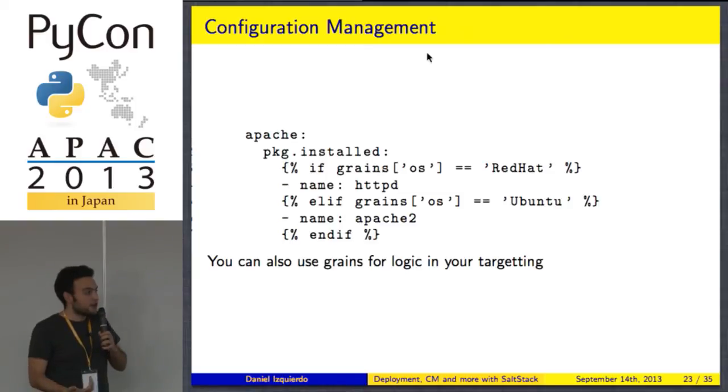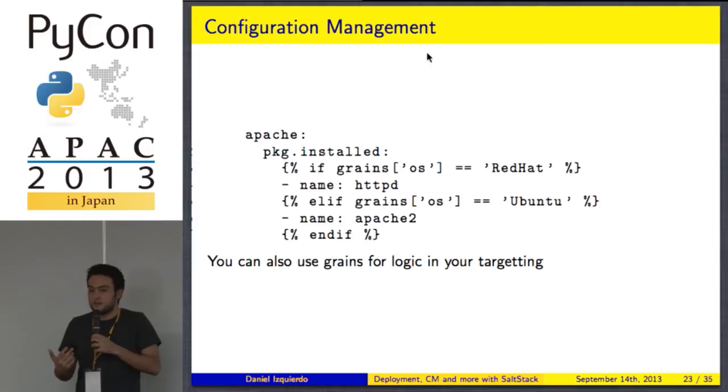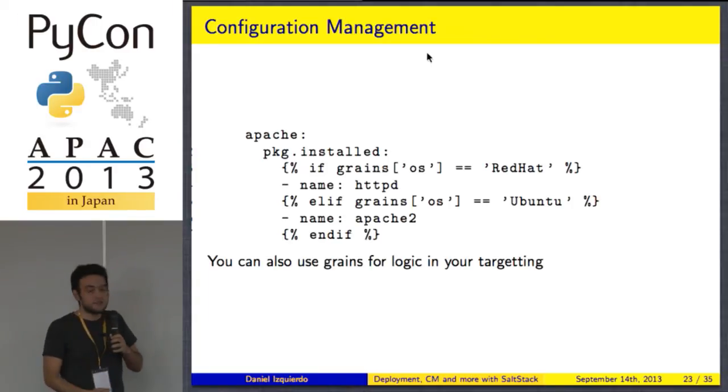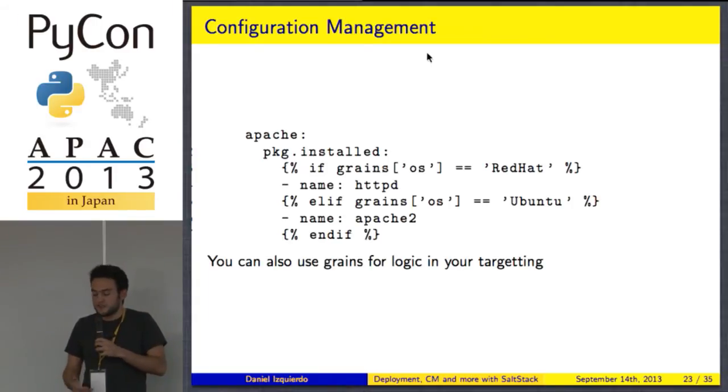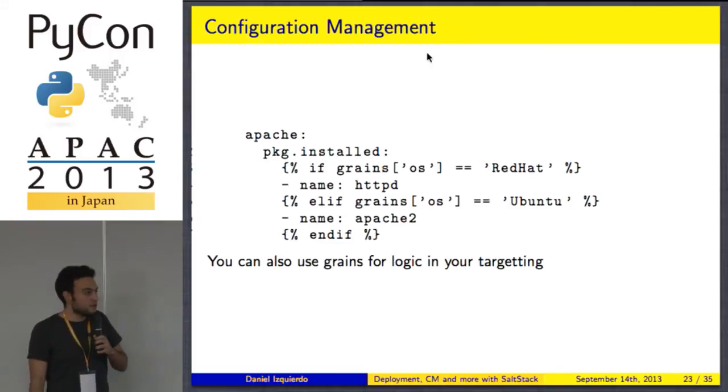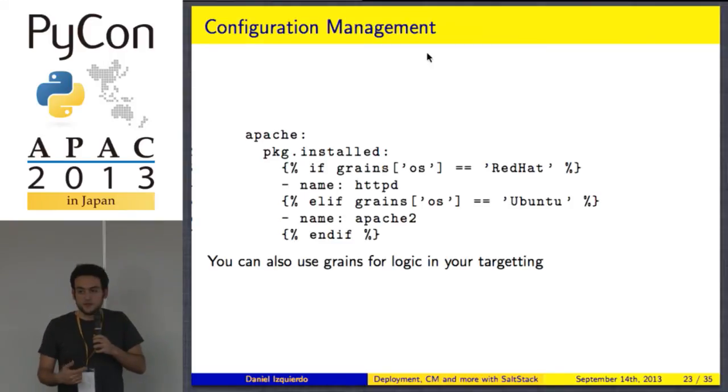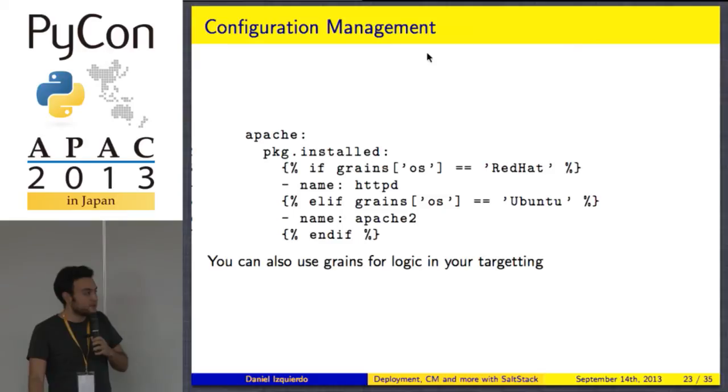And you can also use grains for logic in your targeting, right? So you could also say, I want to apply this state or run this function in all my machines that are using a 64-bit architecture, or all my machines that are running Ubuntu, or all my machines that are running Windows. Or if you wrote a custom grains module, then you can also use that for targeting specific machines.